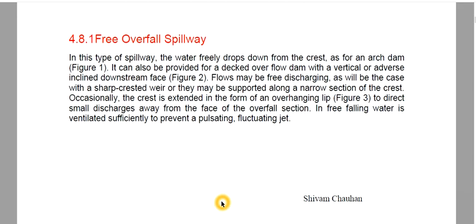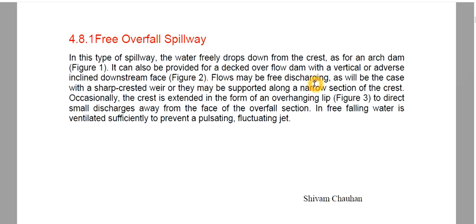So what does it basically mean? In this type of spillway, the water freely drops from the crest as for an arch dam. It can also be provided for a decked overflow dam with a vertical or adverse inclined downstream face.